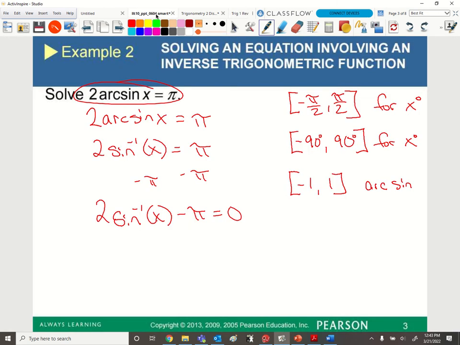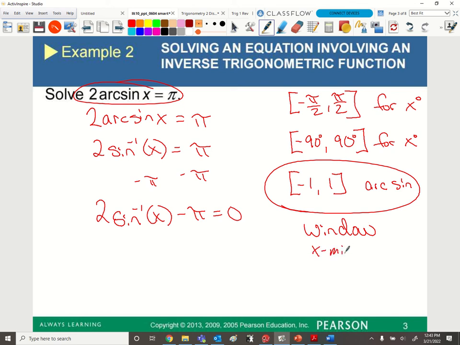So this is where my window should have been: my x min is -1, x max is 1, y min is -2, y max is 2. That's the difference, because I'm not finding the normal x value on the x-axis. I'm actually finding the arc, which changes the windows.